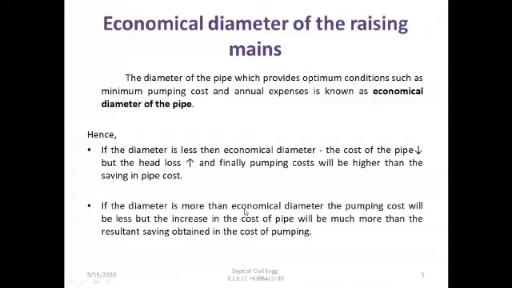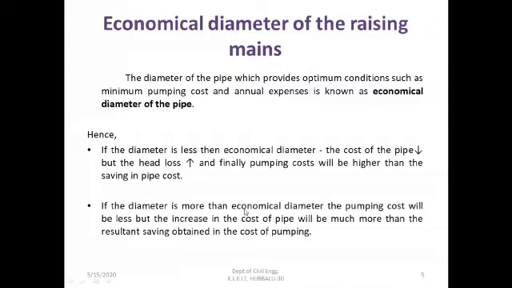And thus for optimum conditions we must choose such a diameter which, together with the pumping cost, will make the total annual expenses the minimum, and that diameter is known as the economical diameter of the pipe. It should neither be more nor less.